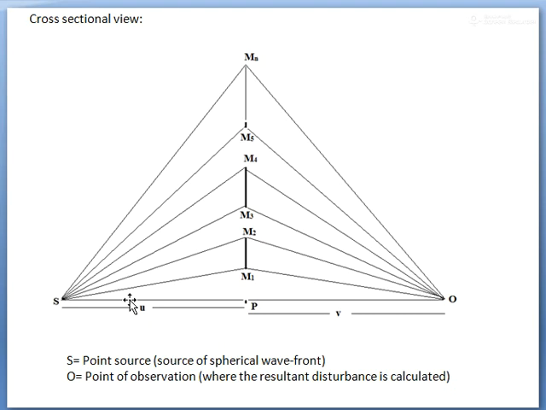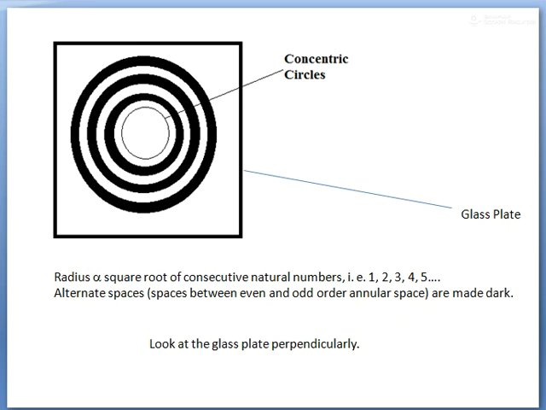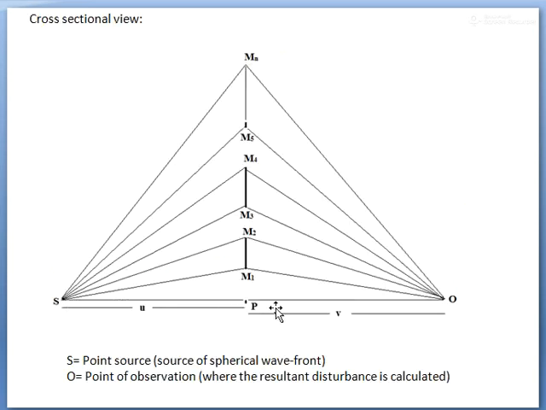Okay, so I have to make these concentric circles perpendicular to the distance SO, with P as the center of the circle. These M1, M2 are alternately dark and bright.